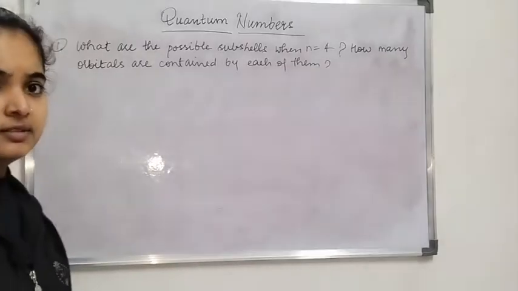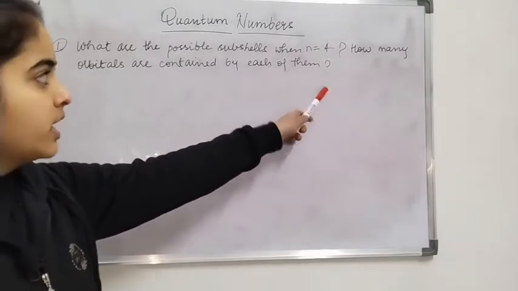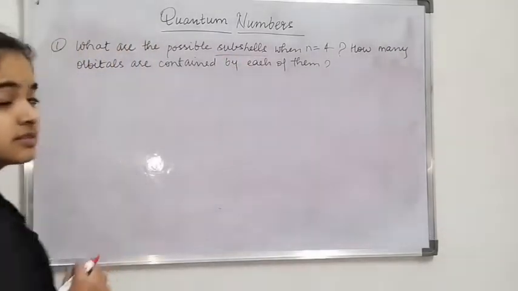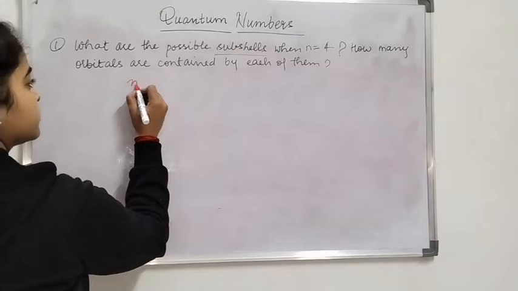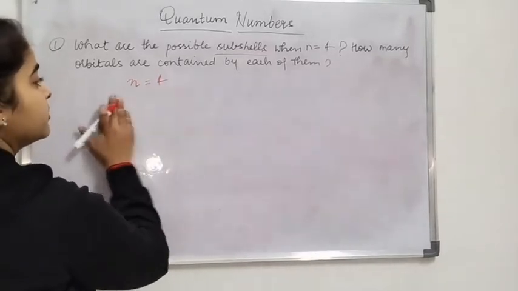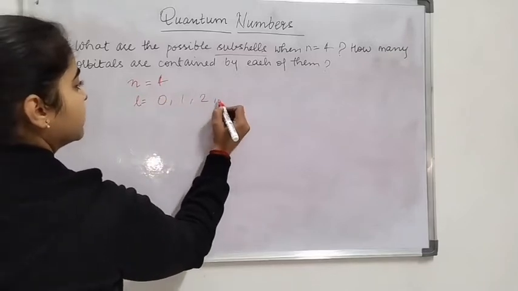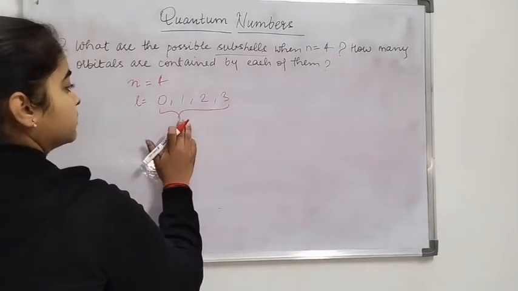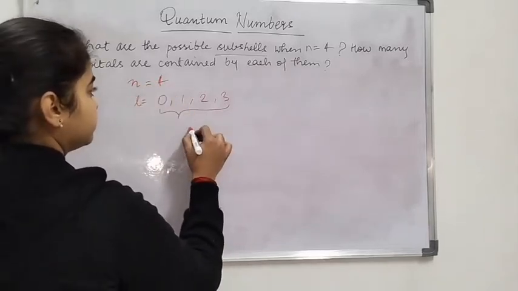This is the first question. We are asked what the possible subshells are when n equals 4, and how many orbitals are contained in each of them. Whenever we see the word subshells, it is connected to azimuthal quantum number. Here n equals 4, so the values of azimuthal quantum number will be 0, 1, 2 and 3. There are 4 values of azimuthal quantum number.